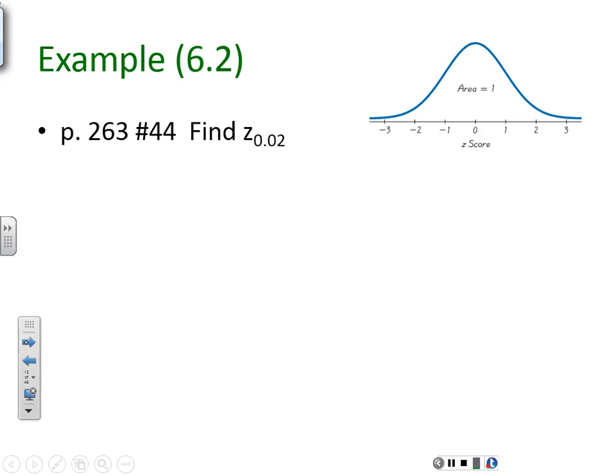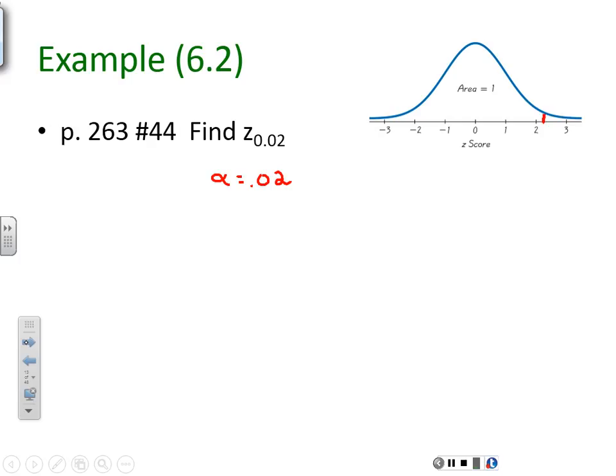So if I want to find z of 0.02, this is telling me my alpha is 0.02. I think I said it wrong the first time. Alpha of 0.02, which means I have 2% on which side, the left or the right? On the right. So I'm wanting to figure out the 98th percentile.